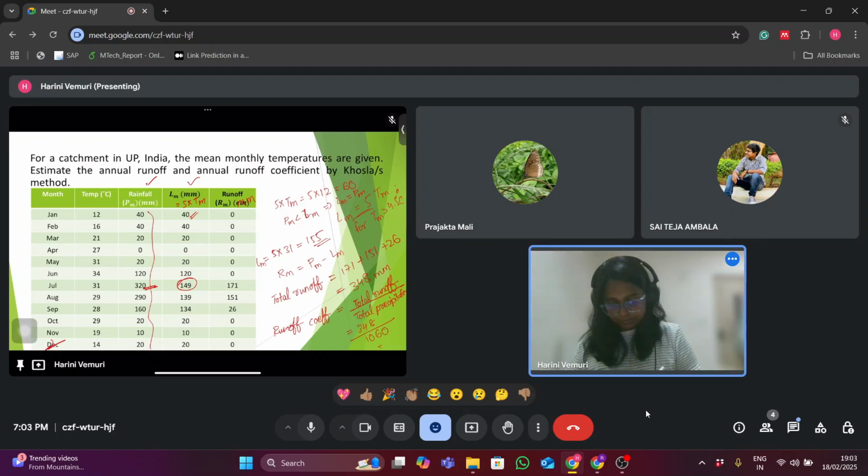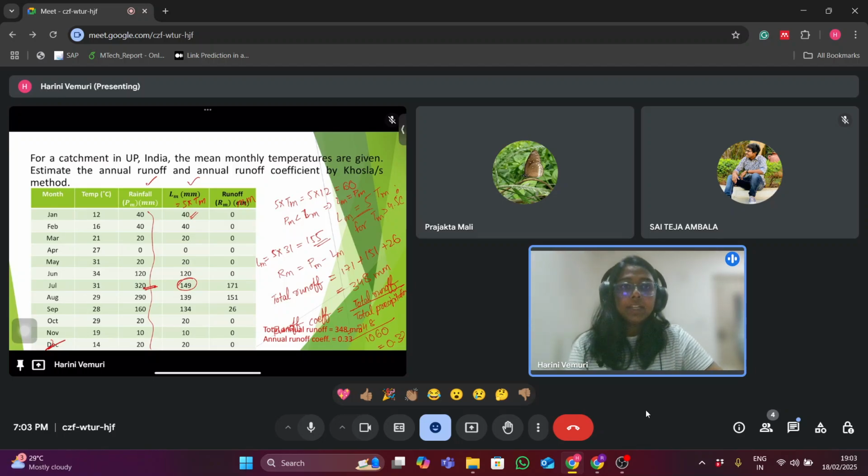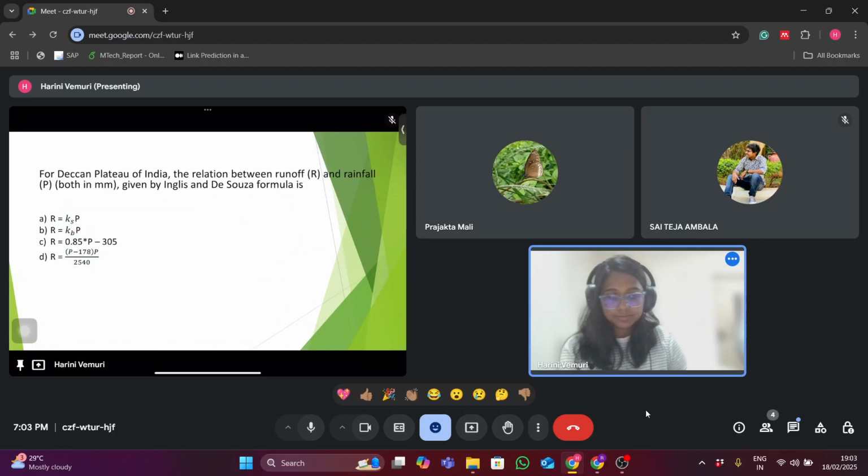Okay. So it is coming around 0.32. Okay. So this is how we will calculate runoff using Khosla's method, and as runoff quotient is always equal to total runoff by total precipitation, using that we are calculating the runoff quotient.